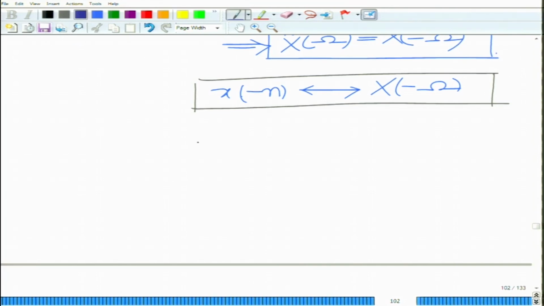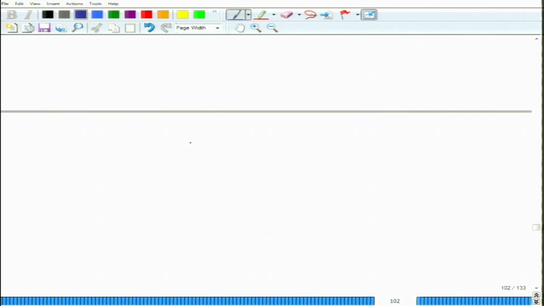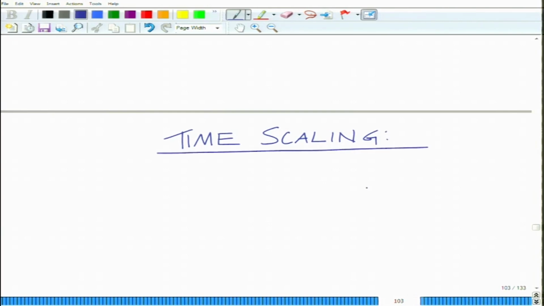And another interesting property is that of time scaling. Now, time scaling is interesting because it does not directly follow from the continuous time. This is one aspect which does not directly follow from the continuous time, so one would be mistaken if one would substitute directly the result from the Fourier transform of a continuous time signal, and the reason is as follows.